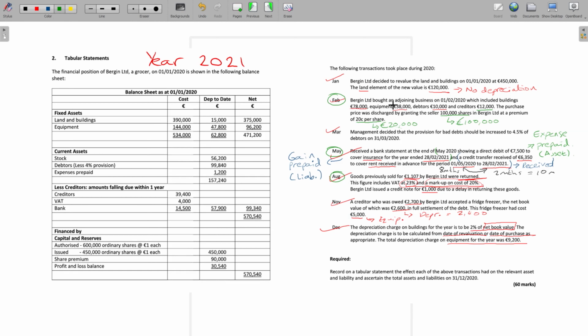Remembering to do the goodwill, the February one when we purchase a building, and remembering the land element isn't depreciated. When we're doing the provision for bad debt, remember it's only the increase that goes into the P&L and the table. And it's like a disposal you do if you're doing a depreciation question. So sometimes doing the T accounts for that might give you a hand.